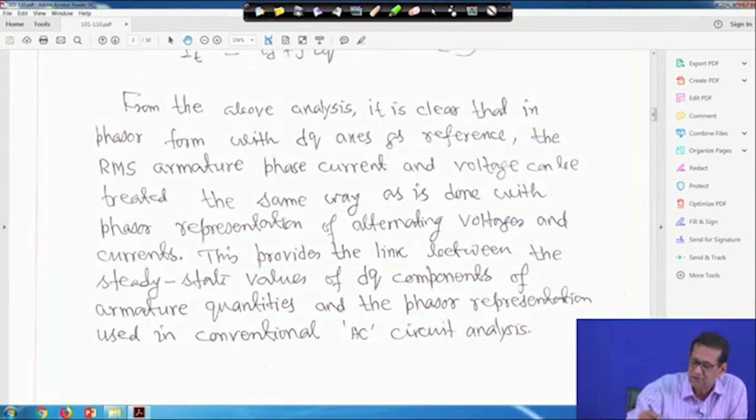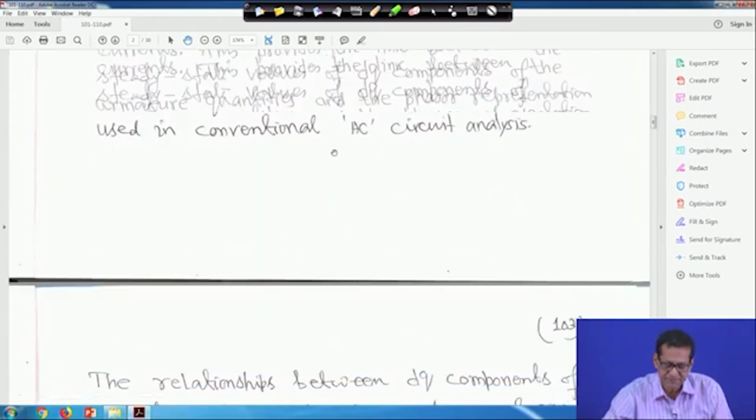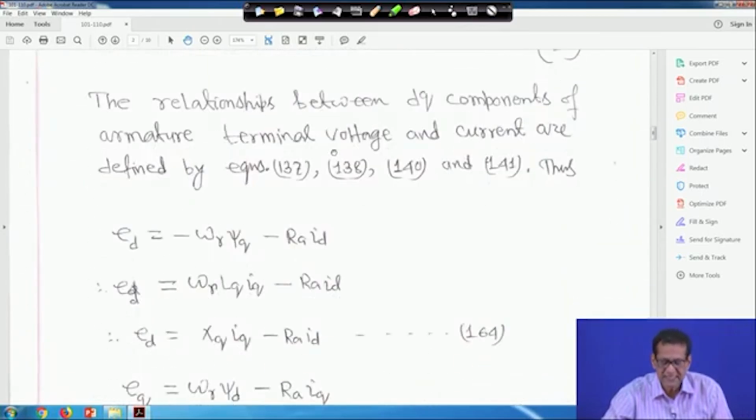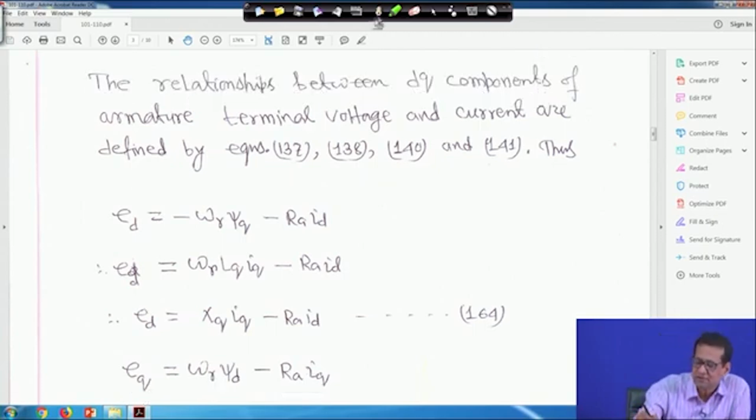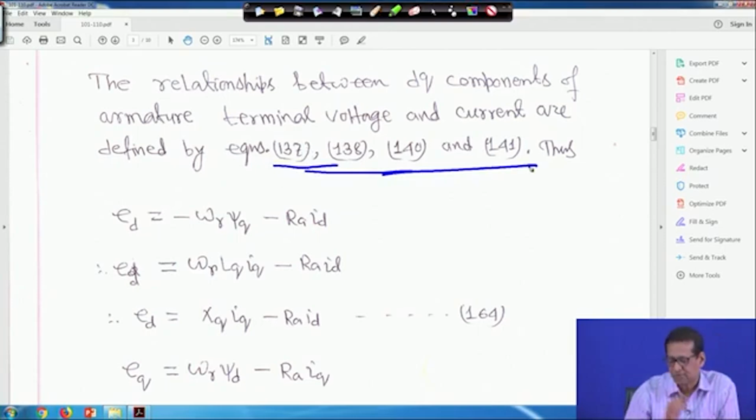So, that means the relationship between DQ components of armature terminal voltage and currents is defined by equations 137, 138, 140 and 141. That means my ED can be written as minus omega r psi q minus RA ID. Similarly, psi q we know is equal to LQ IQ.